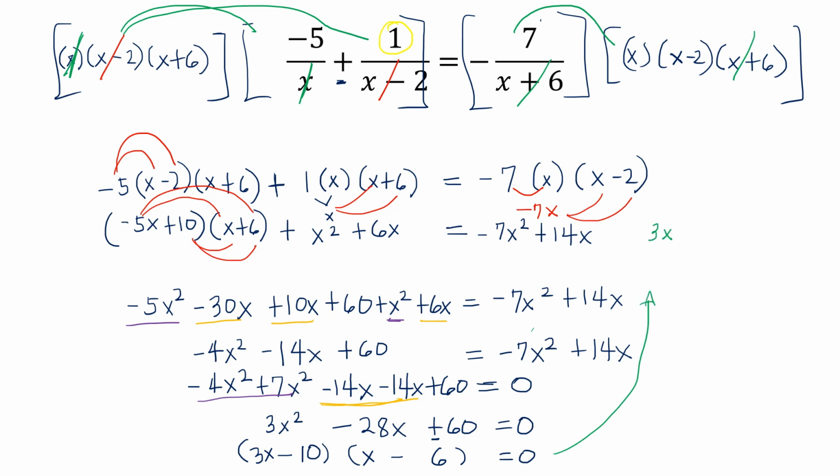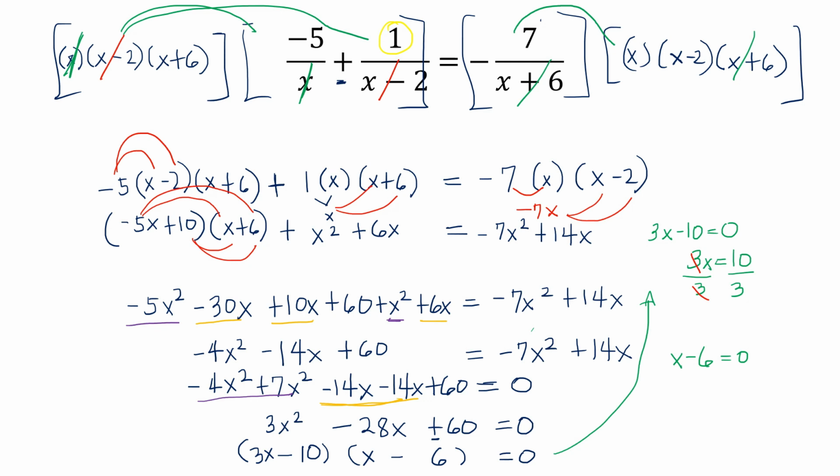we have 3x minus 10 equals 0 and x minus 6 equals 0. Okay? Then by APE, we have 3x equals 10 and then divide both sides by 3. 3 divided by 3 is 1.